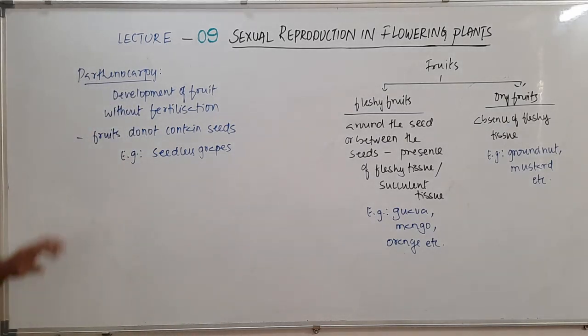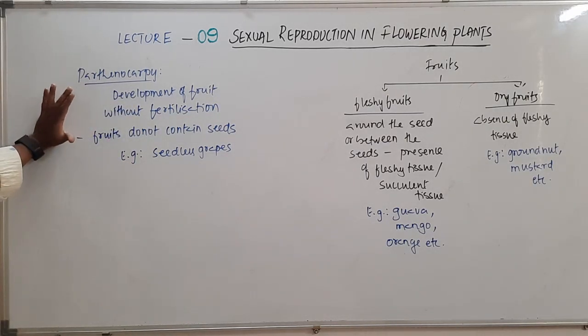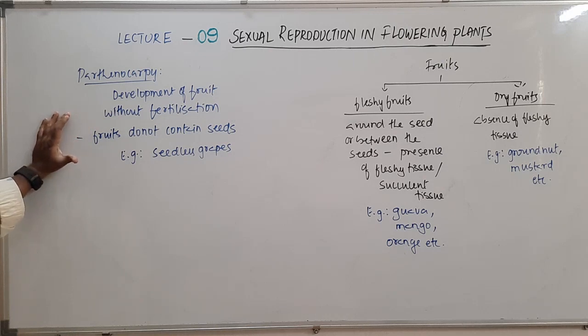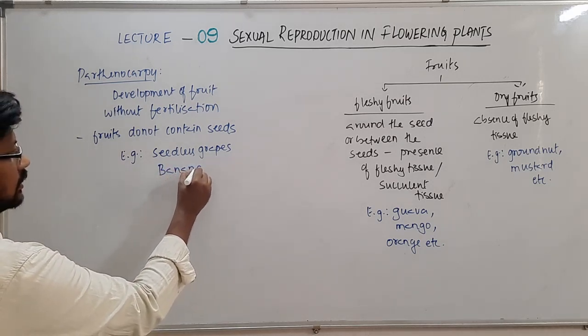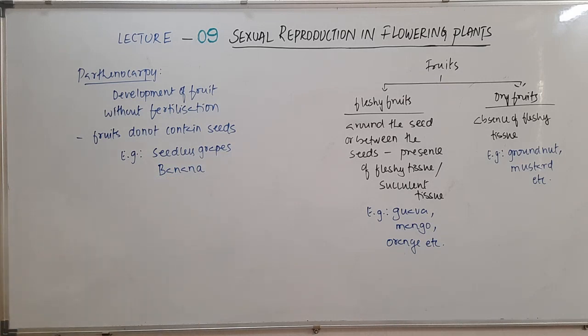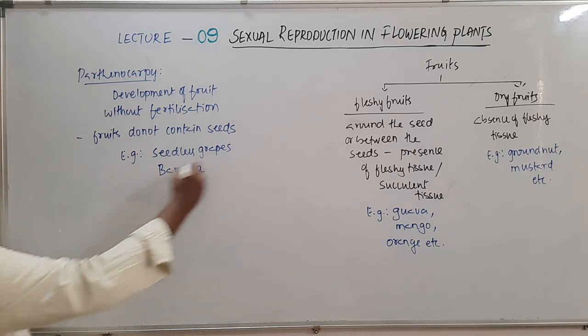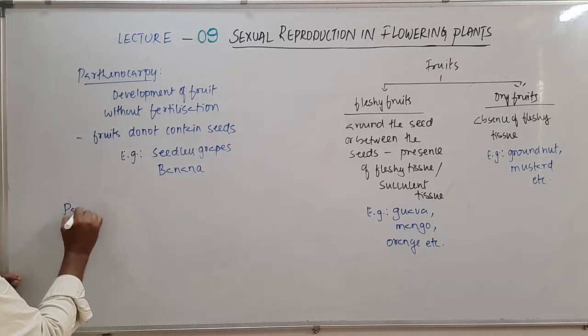If we are able to induce that parthenocarpy, we will be able to get those fruits without the seeds. And we can even see the example of banana. So banana is also produced by parthenocarpy, and this parthenocarpy of course can be natural or it can be induced.